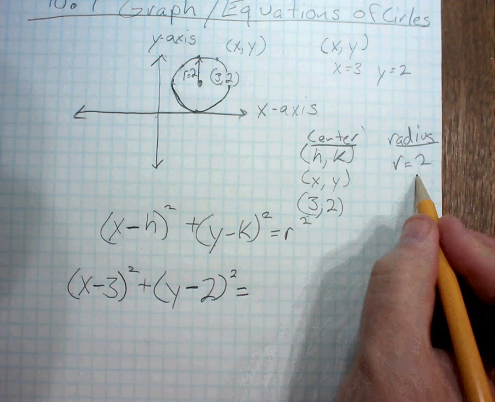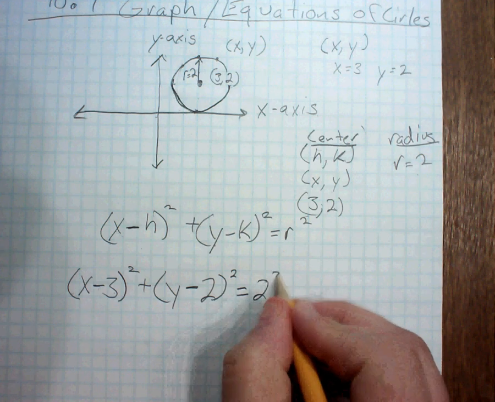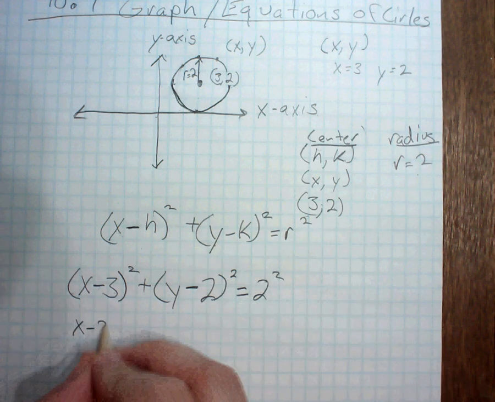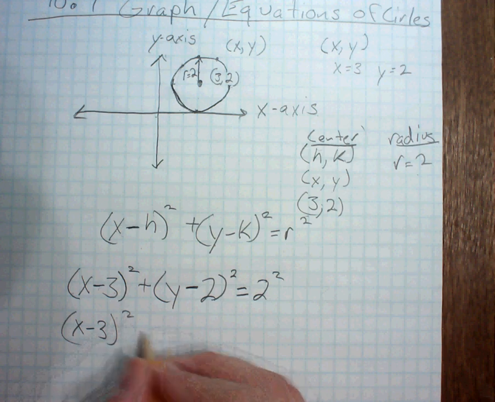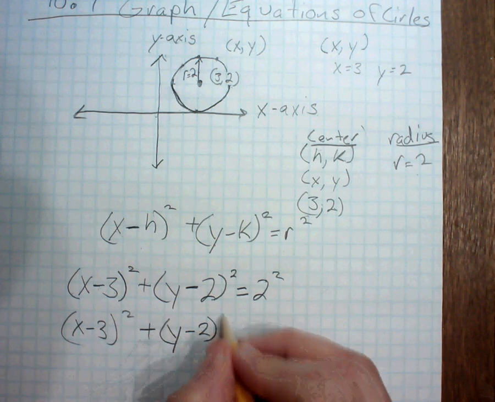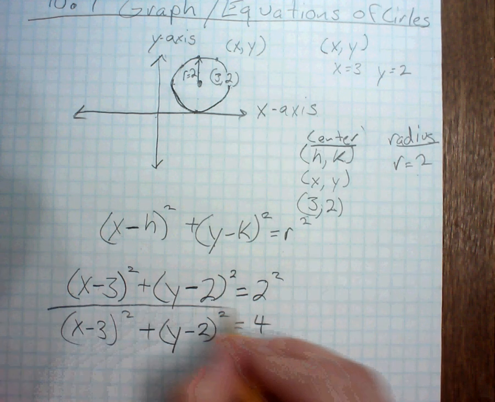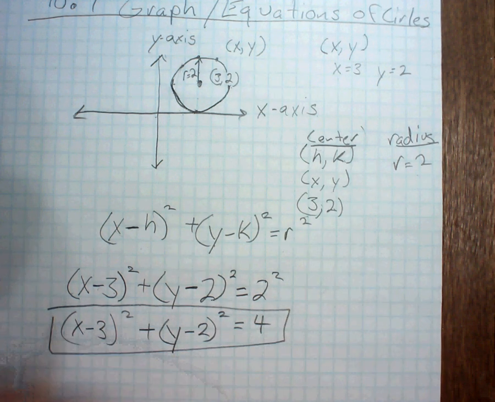Well, the radius is 2, so it would be 2 squared. In other words, this would be x minus 3 squared plus y minus 2 squared equals 4. So that's the equation of the line. Okay? That's the equation, I'm sorry, I said line, but the equation of the circle.